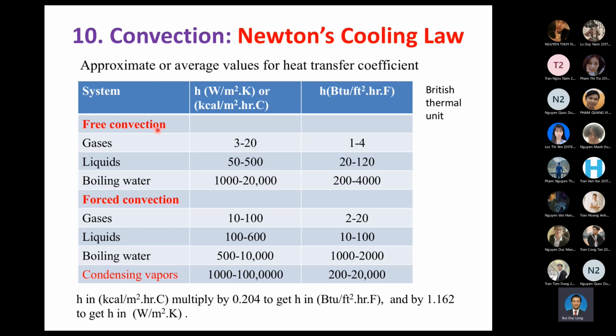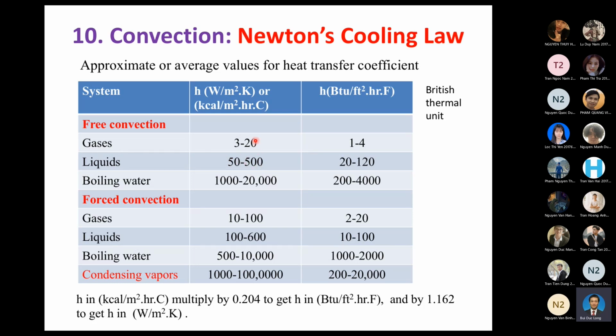Free convection, for example for gas, for liquids, for boiling water. Free convection means natural convection, no forcing. For gas, the H here can be around 3 to 20 watt per square meter Kelvin. For liquids, about 50 to 500.